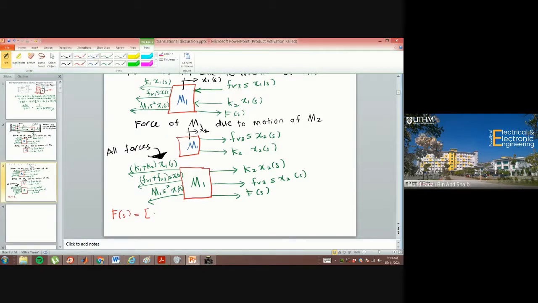Now M1 S square plus FV1 plus FV2 S, plus K1 plus K2, X1 S.